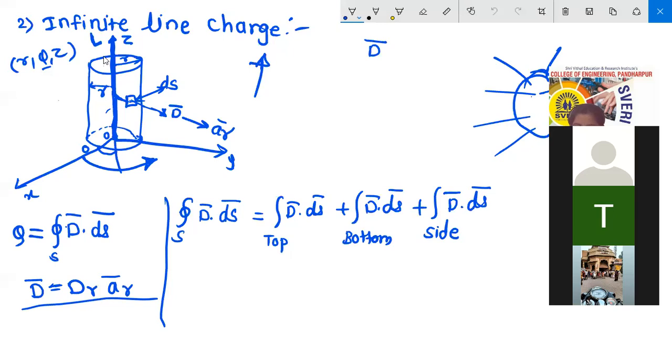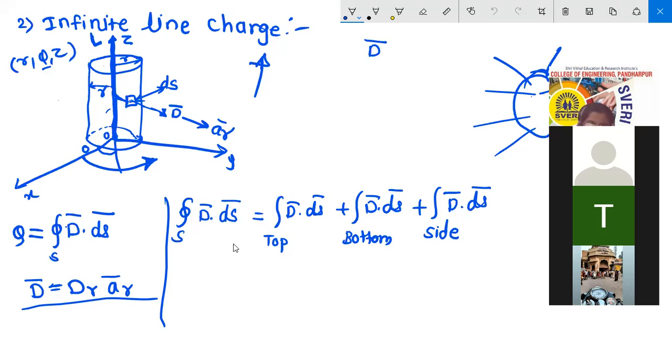It is in the direction of the side, not the bottom, not the top, because when you are considering charges, this D is in the radial direction. Therefore, for the top and bottom surfaces, this will become 0.